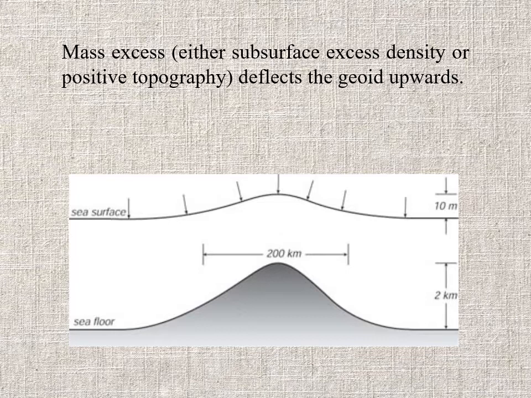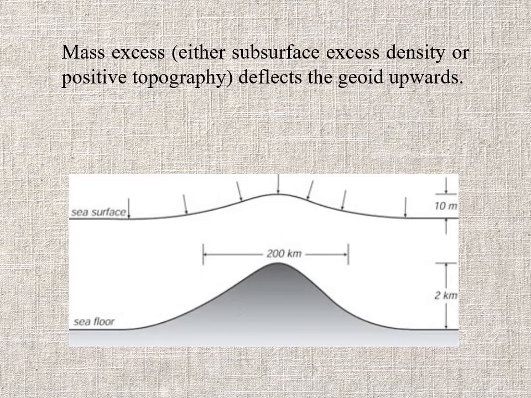Here you can see at this portion, if you consider the present day sea floor, at this portion the sea floor is showing some bulging appearance, some uprising appearance. So simultaneously my geoid surface will also show some bulging appearance above this point, because this bulging appearance means that there is some excess mass corresponding to the adjacent places.